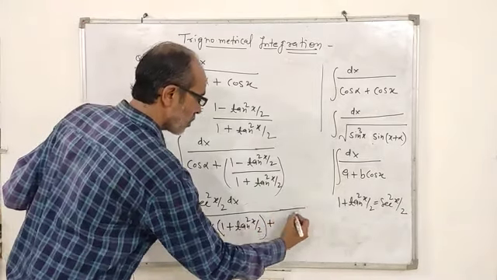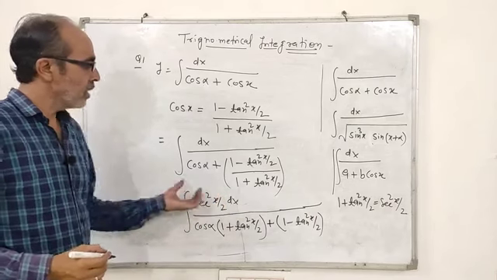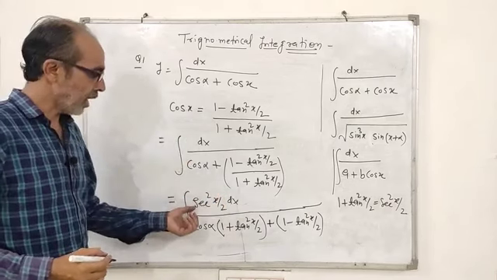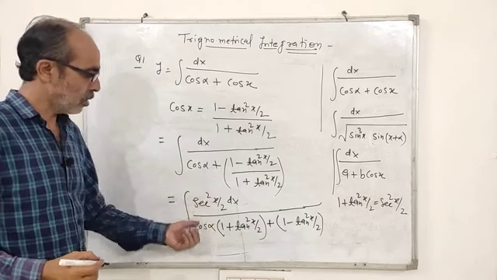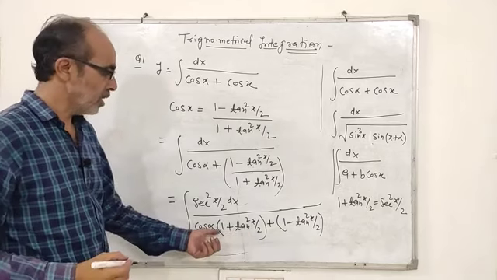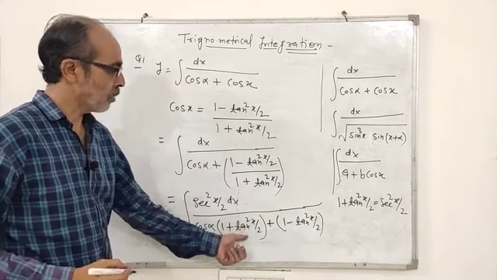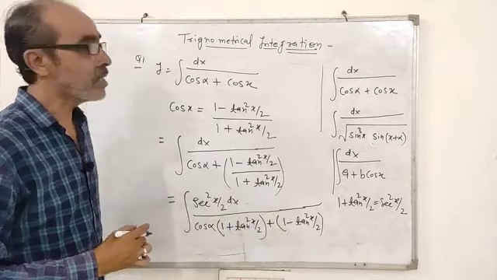After taking the LCM, the integral is written in this form. The 1 plus tan square shifts to the numerator as sec square x by 2, and cos alpha, where alpha is constant and x is a variable.